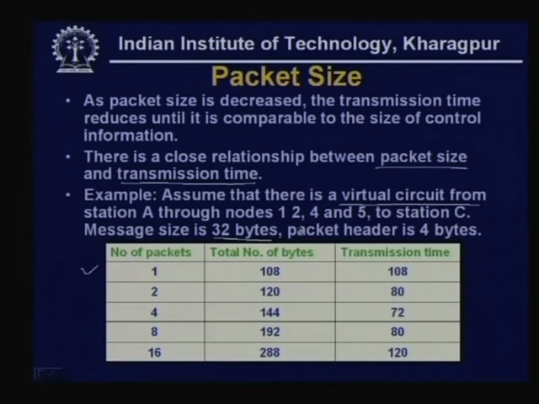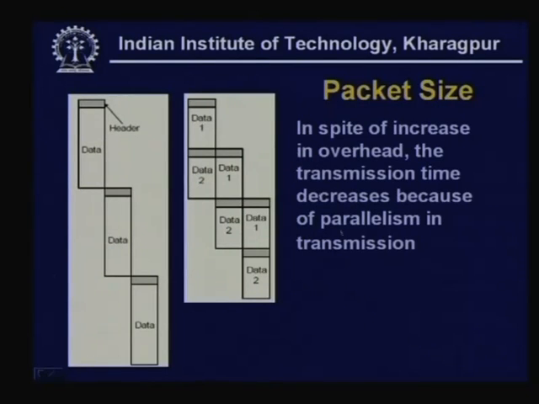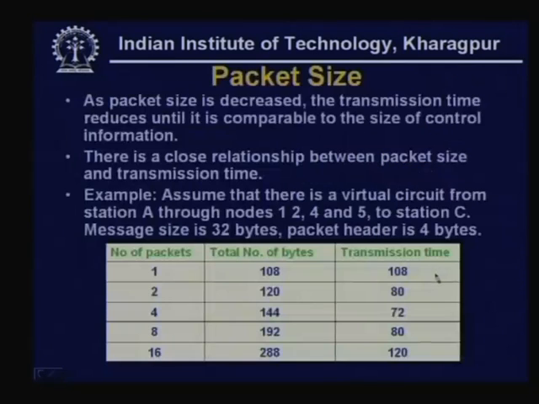It is shown in this diagram. This is the header, 4 bytes, and here is the data, 32. That means 4 plus 32, that is 36, and then it will require 3 hops. So, 36 into 3, that means 108 bytes are to be transmitted. That is what I have shown, 108.